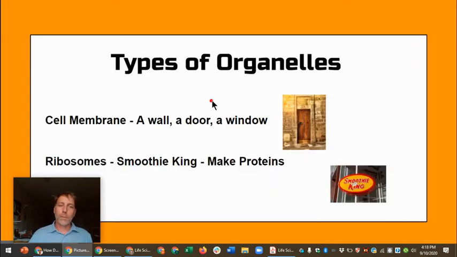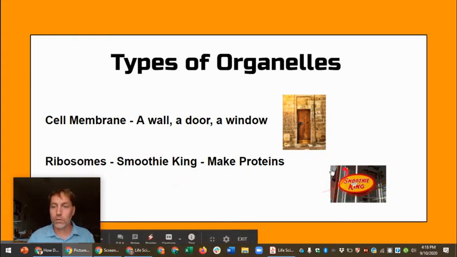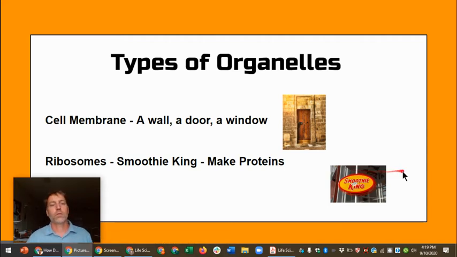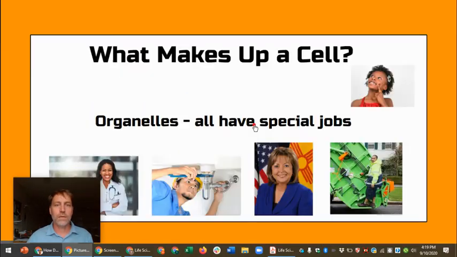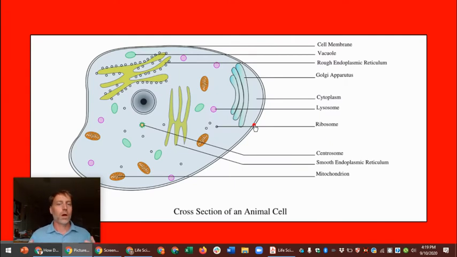Okay, the ribosomes. Our ribosomes have a specific function in the cell, and they make proteins. You can think of it like going to a smoothie place and getting a little protein shake. So proteins are made in the cell. When we eat food, those proteins are processed inside the cell by these little dots right here called ribosomes.